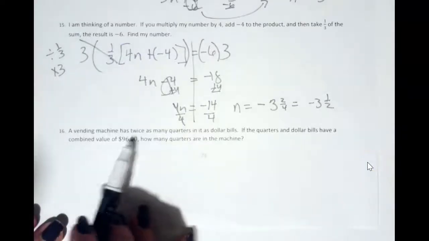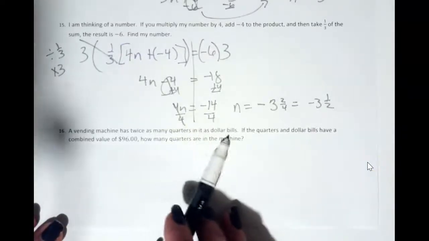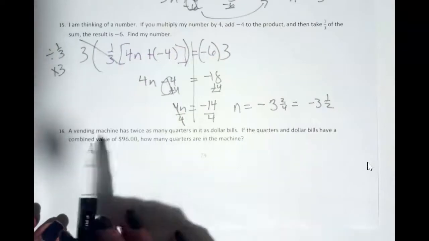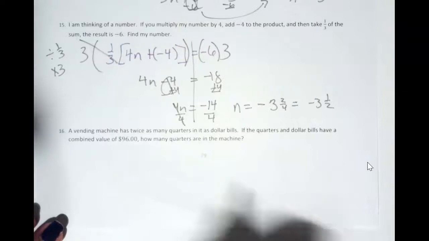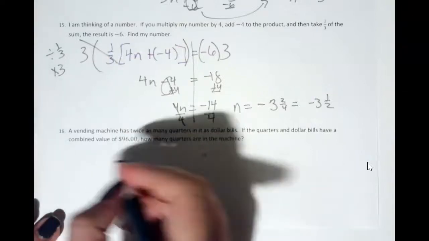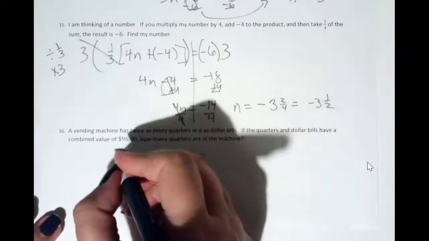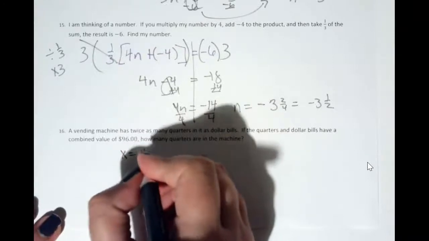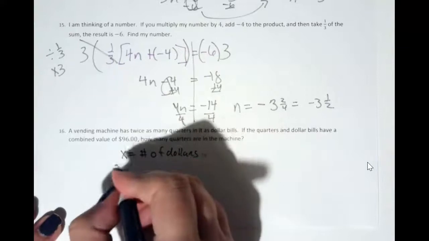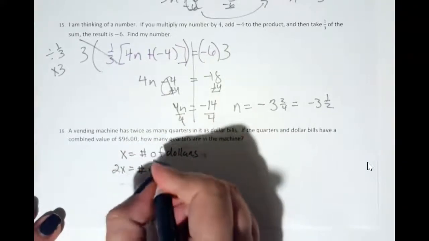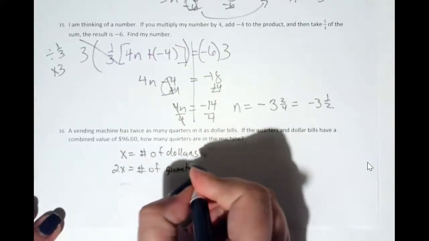A vending machine has twice as many quarters in it as dollar bills. The quarters and dollar bills have a combined value of $96. How many quarters are in the machine? So, we have x is the number of dollars. So 2x would be the number of quarters.